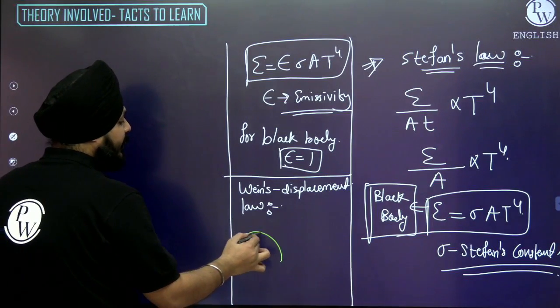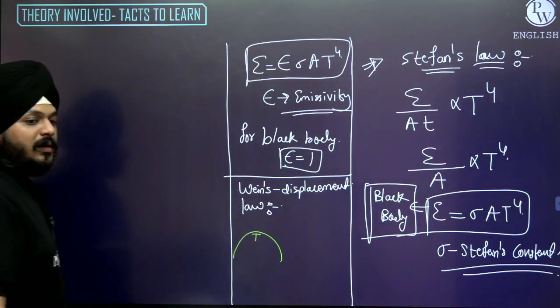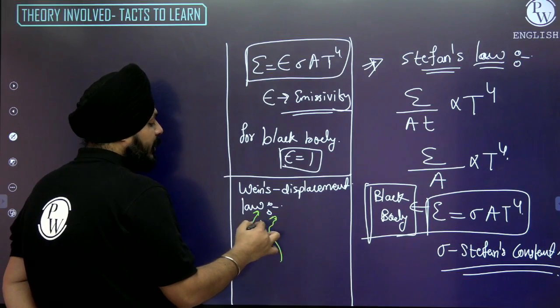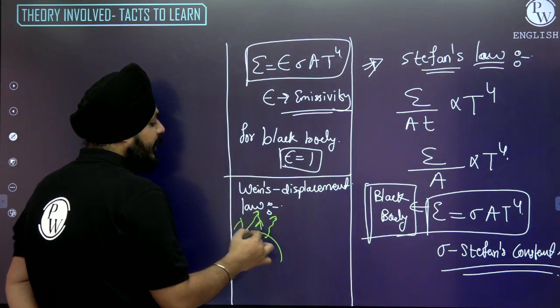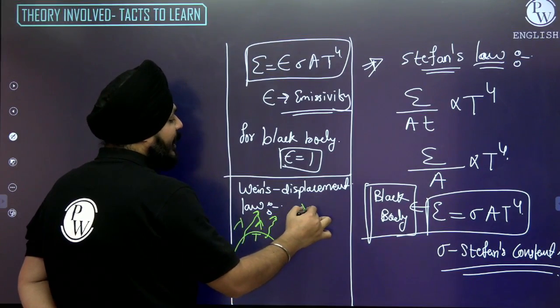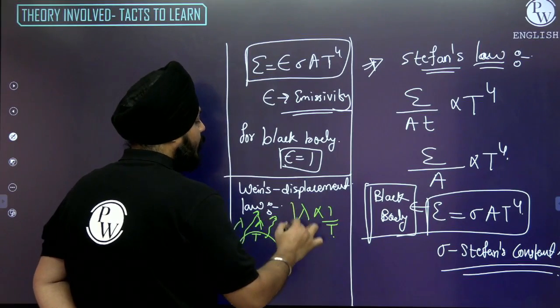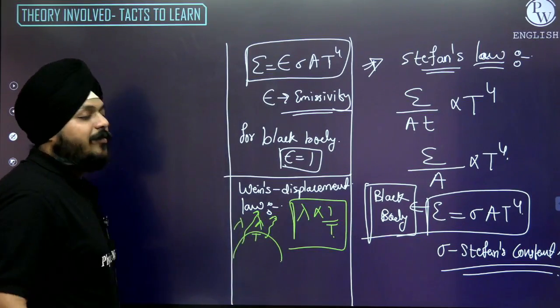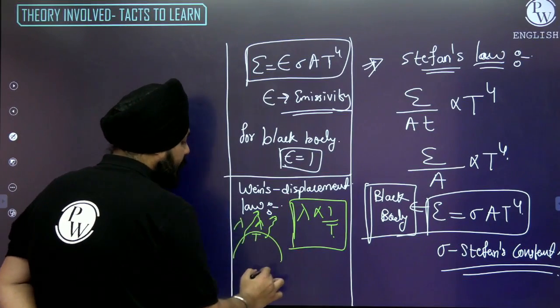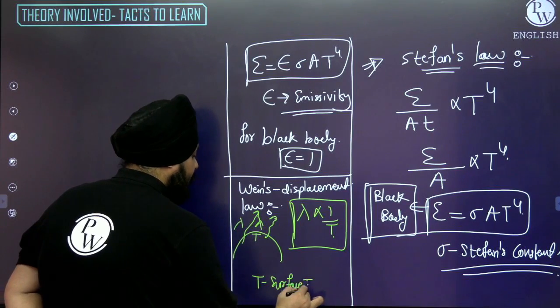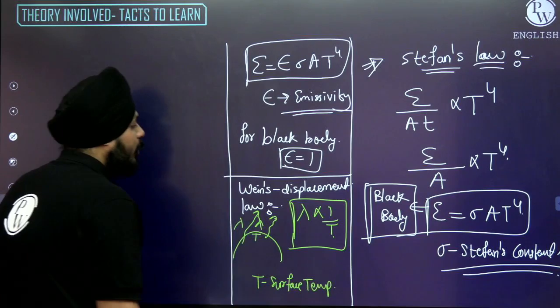Suppose this is an object having surface temperature T. It is releasing some radiation having wavelength lambda. That emitted wavelength is inversely proportional to the surface temperature. This is what Wien's displacement law is.